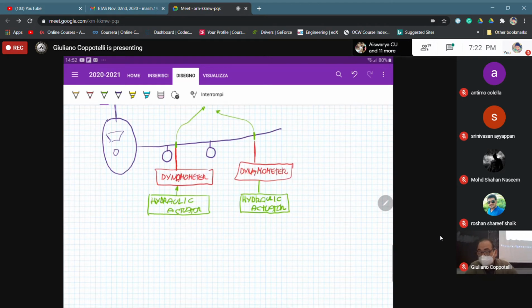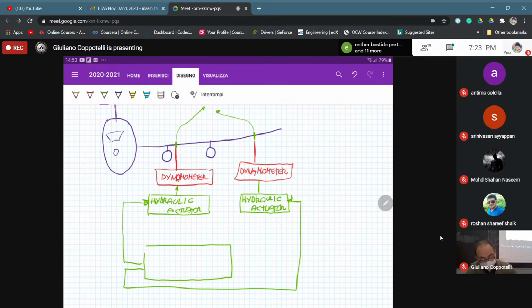And all this information concerning the actuation, that is the signal that is driving your hydraulic actuator, comes from a control station. This could be considered both hardware and software, of course.